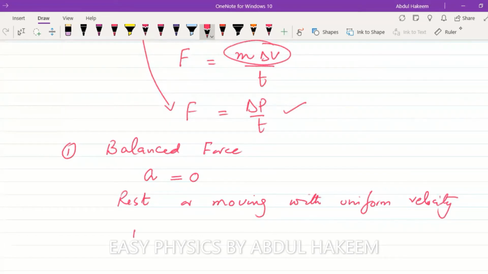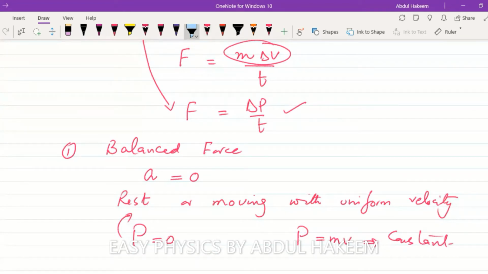Either the momentum is zero, the object is at rest, or if the object is moving with a uniform velocity, the momentum mv is constant. So in these two situations, momentum is constant, not changing, or momentum is zero, then the forces are balanced.